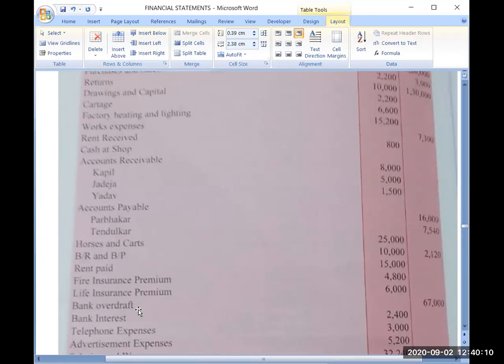Now horses and carts. You have to classify them either in personal, real or nominal. You can classify, or expense, asset, income, or gain. Liability. Expense, asset, liability, or gain. Income, revenue. Which one it will be? Horses and carts. Yes, very good.